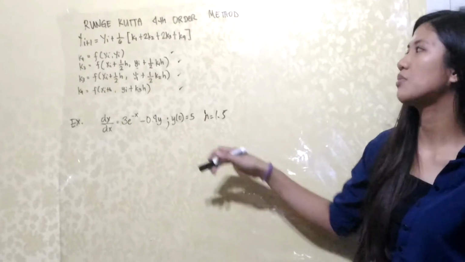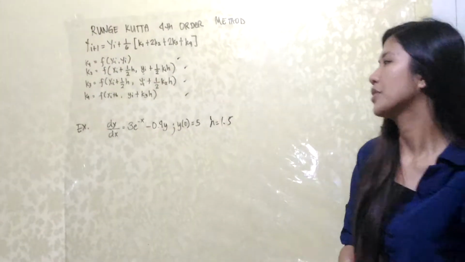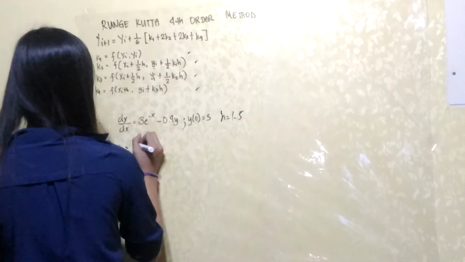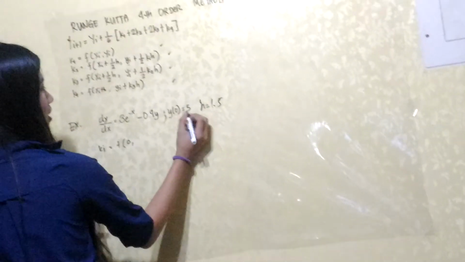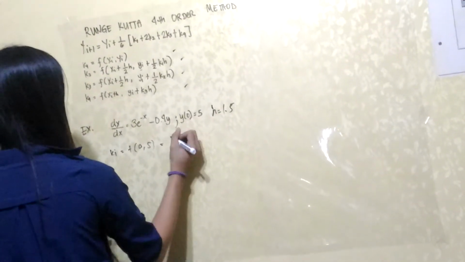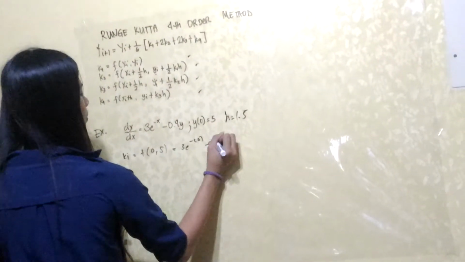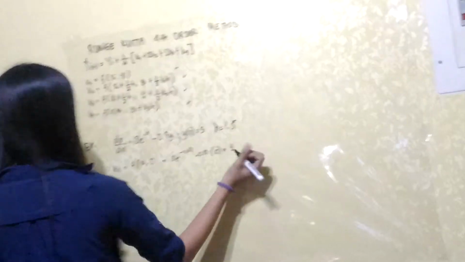So solving this, first we have to find the value for k1, k2, k3, and k4. So let me write that down. For k1, the function would be f of 0, 5, that would be 3e to the negative 0 minus 0.4 times 5, that would be equivalent to 1.